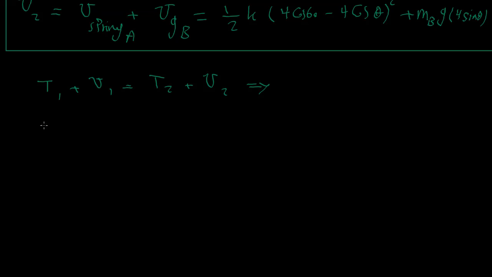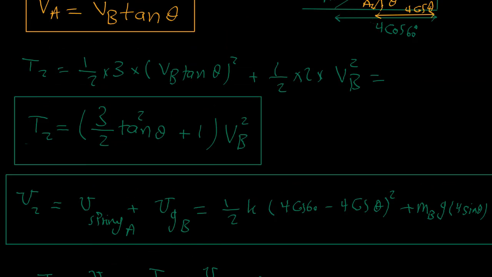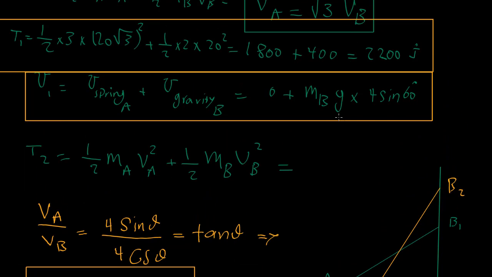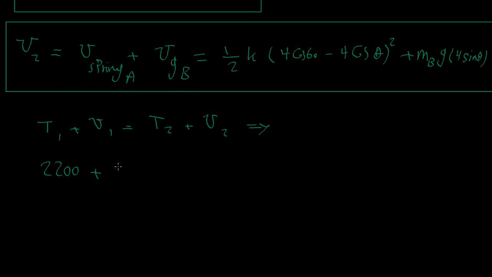So we get from this 2200 plus U1. What is U1 here? You calculated this. This is basically MB, which is 2 kilogram times G, 10, times 4 times sine 60, which is square root of 3 over 2. So that would be 40 square root of 3. So 40 square root of 3 plus T2 plus U2.